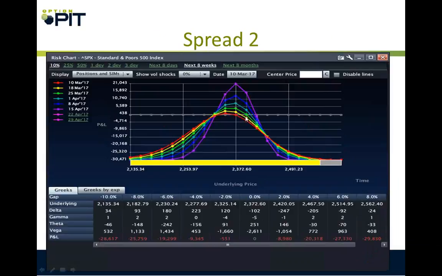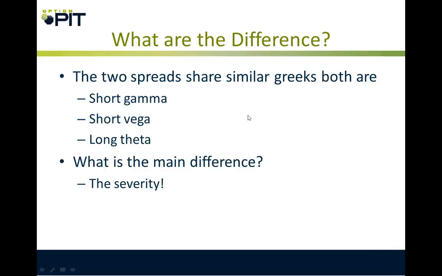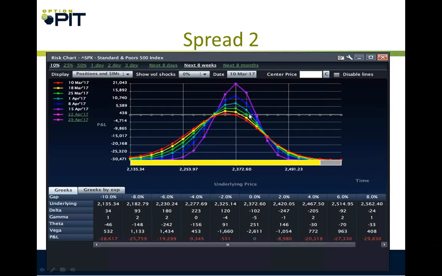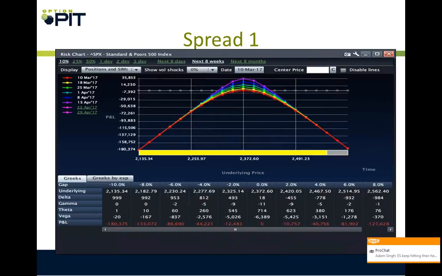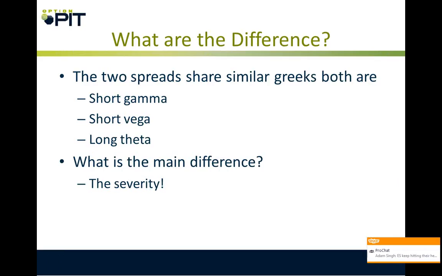So the two spreads are very similar in that they are short gamma, long theta, and short vega. The same Greeks. What's the difference? The severity. How strong are the Greeks that they have?